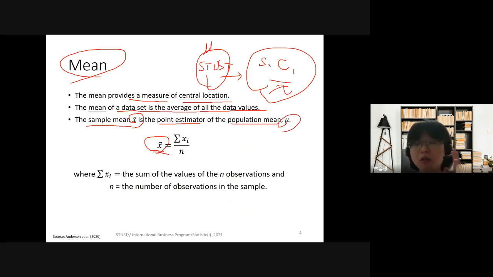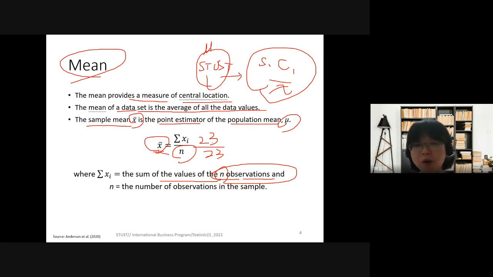Okay, just what you think. It's the sum of the values that you get divided by how many observations you have. For example, in our course there are 23 students. So I can add the information from those 23 students and divide by the sample size.